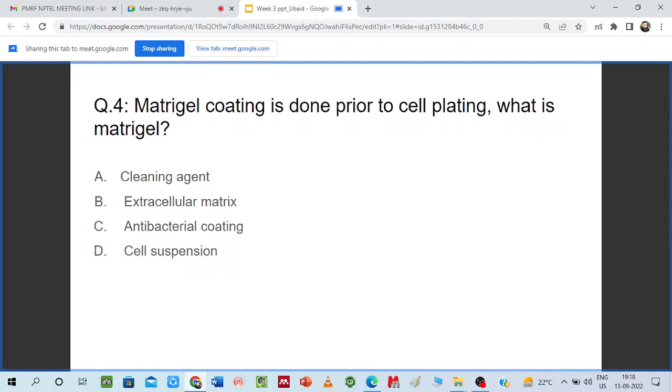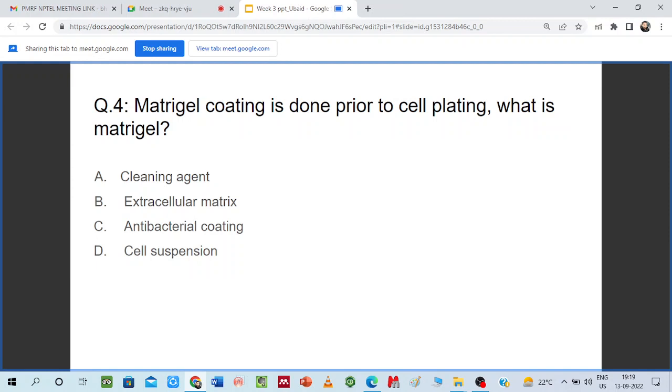That extracellular matrix also gives the simulation of our physiological system. So usually Matrigel is used for the culture of the endothelial cells. For example, in our body, the endothelial cells usually grow on the basement membrane.